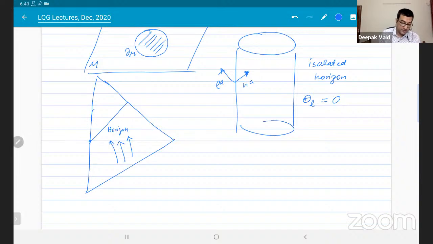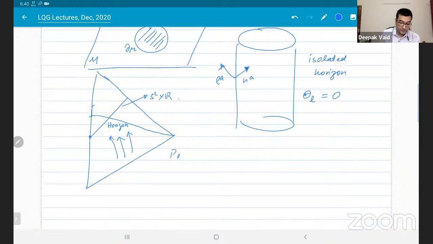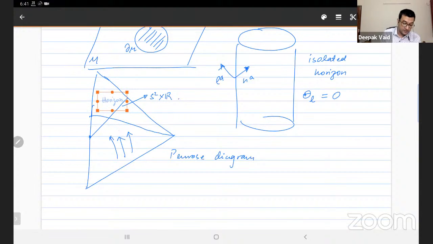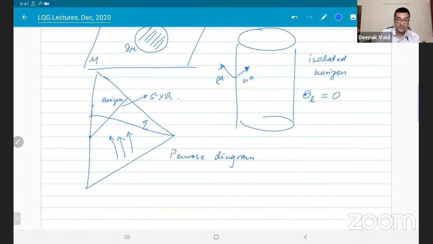This is a surface which has topology of S2 cross R, and what we are doing is looking at certain spatial sections. So this is a Penrose diagram of an asymptotically flat space-time in which a black hole forms due to collapse. This is the horizon. This is a spatial slice sigma.